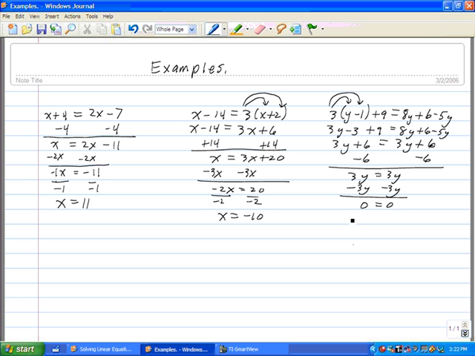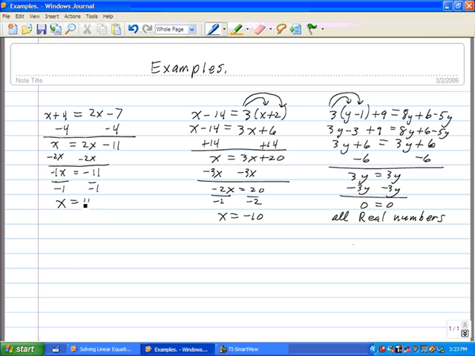So this means that our solution set is going to be the set of all real numbers. That means that any number you pick, if you put it in place of y in the original equation, it'll always work. And that can actually happen. It's not uncommon for something like that to happen. As a matter of fact, there are other situations in which we get no solution.